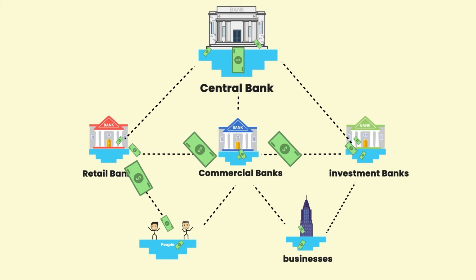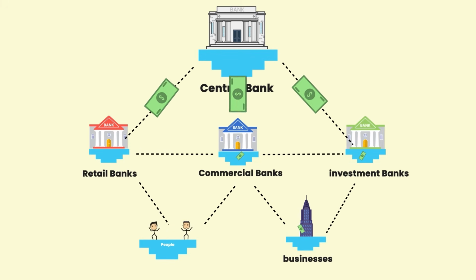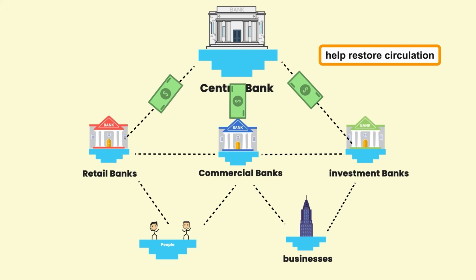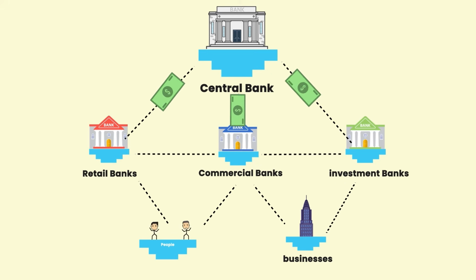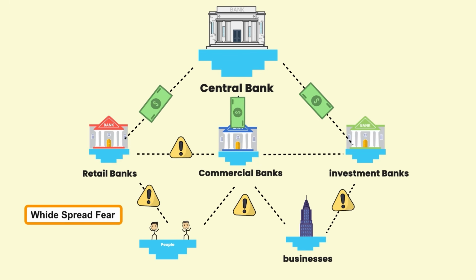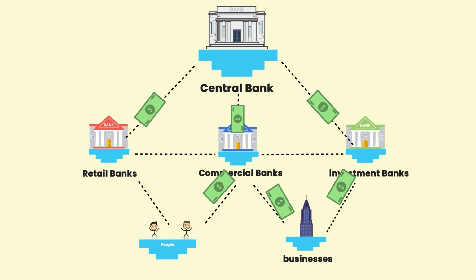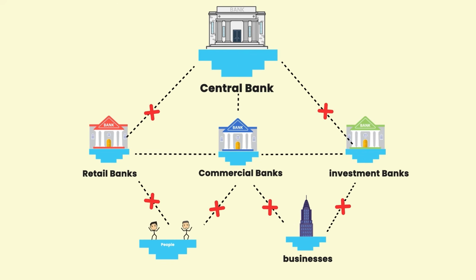Economists argue that economic growth happens when money circulates smoothly, but sometimes this flow is disrupted, causing problems. Quantitative easing helps restore circulation. What causes disruptions? Usually widespread fear. If people become fearful, they reduce borrowing from banks and limit their spending.